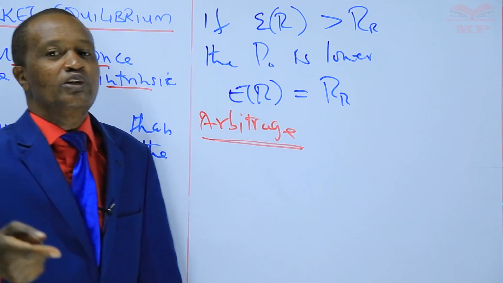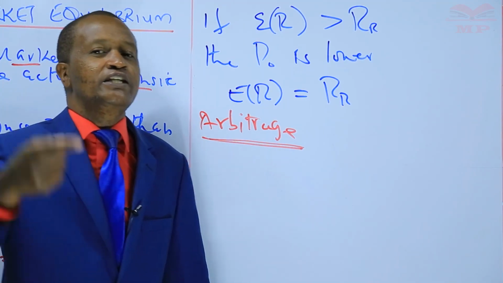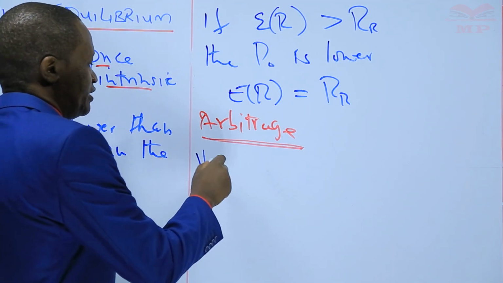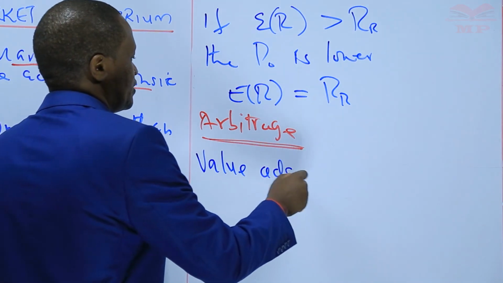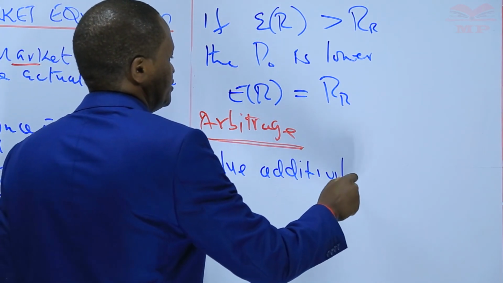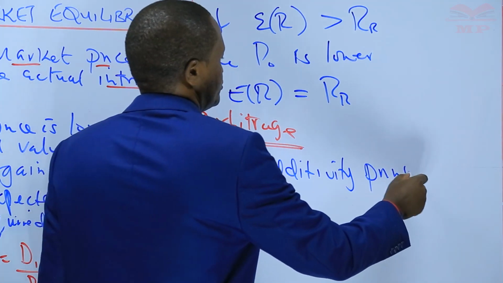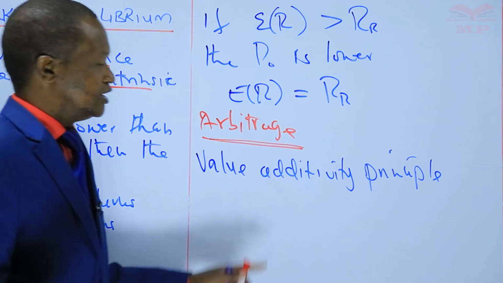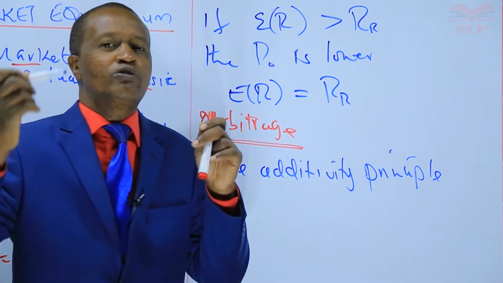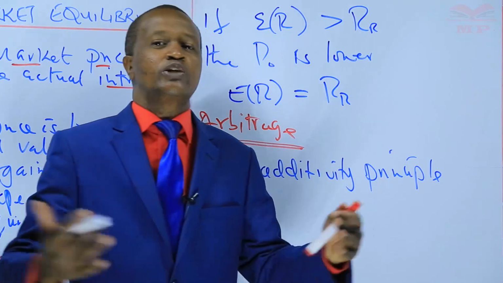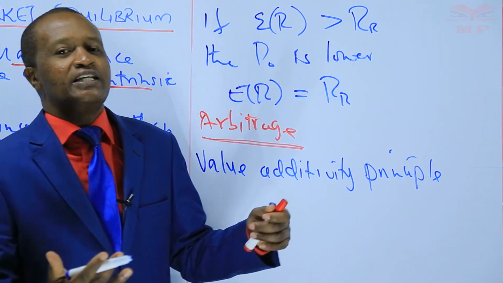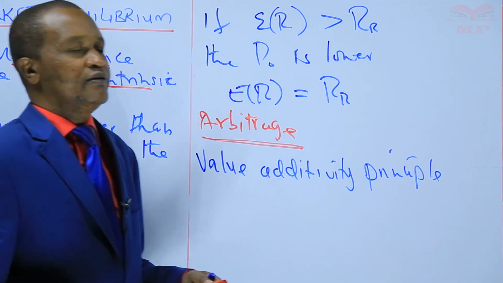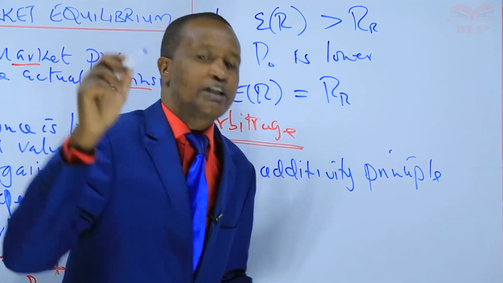And this is the value additivity principle. What is this principle all about? It states that the value of a whole group of assets or securities exactly equals the sum of the values of the individual securities.